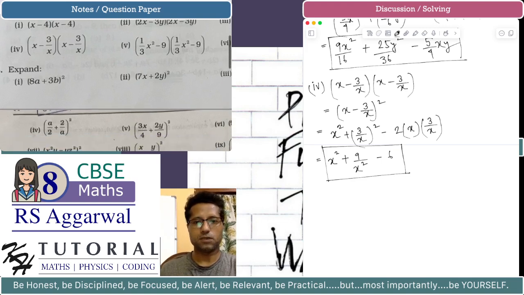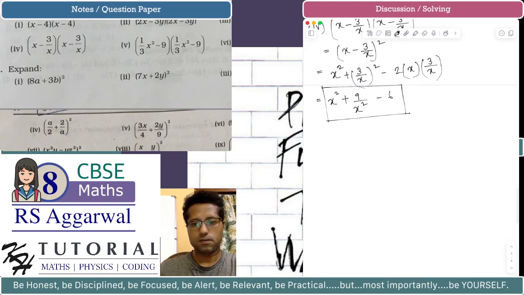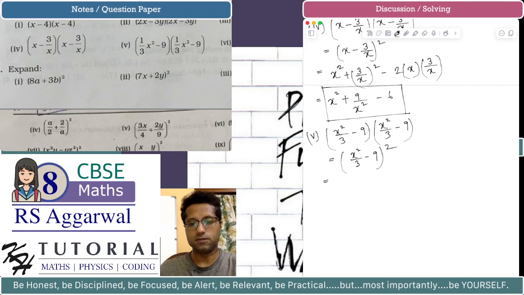Part 5, x square by 3 minus 9 multiplied by x square by 3 minus 9. So this is equal to x square by 3 minus 9 whole square. Now we apply the formula of a minus b whole square, and this becomes a square, that is x square by 3 square, plus b square, minus 2 into a into b.